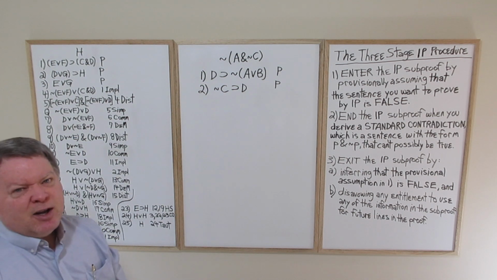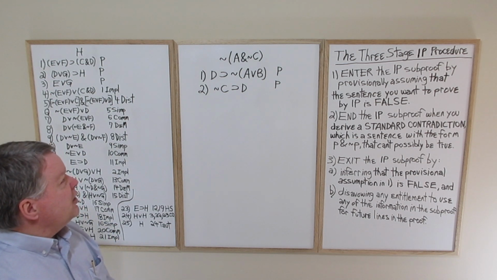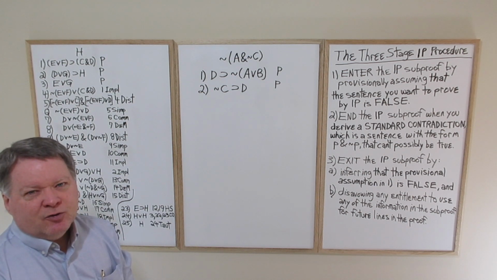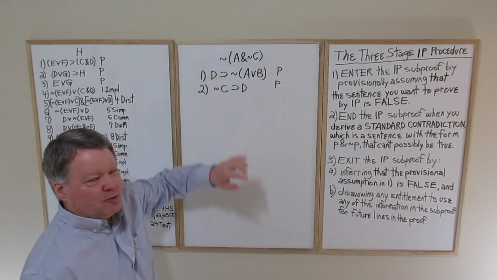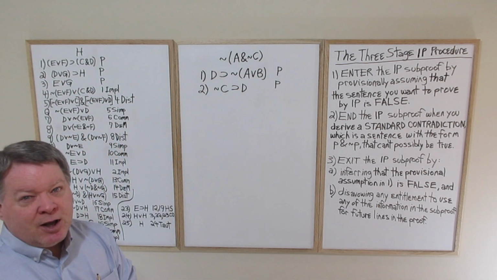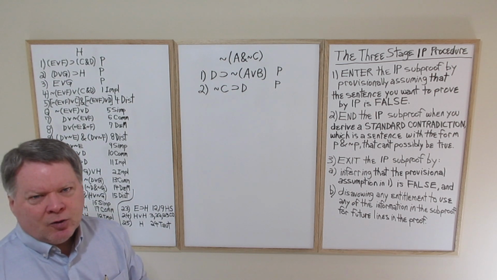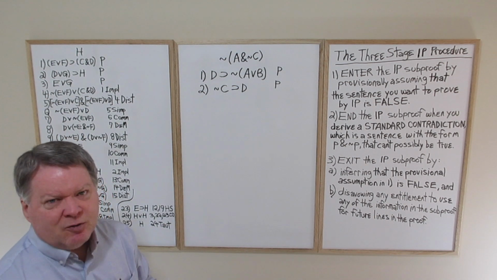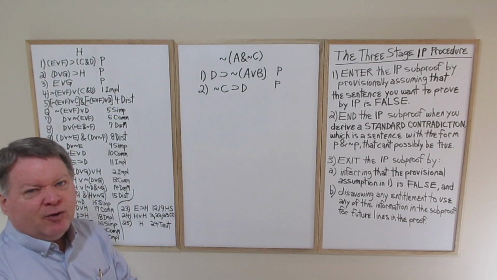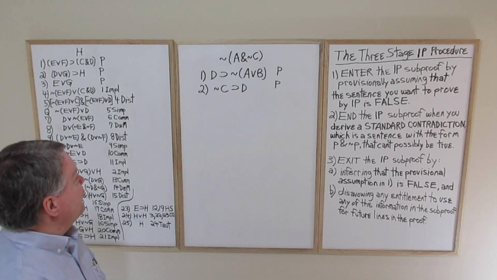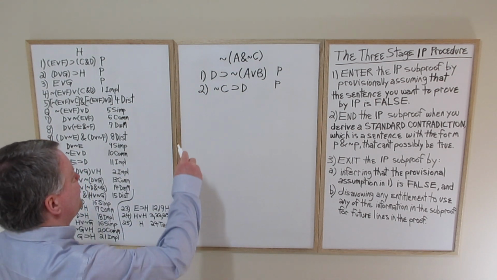Instead of adding another tilde, so that our provisional assumption is tilde tilde A and tilde C, we could just remove the tilde so that our provisional assumption is the conjunction A and tilde C. So it turns out the two different versions of IP aren't really any different, and having two different versions just saves you from having to do an additional double negation step.